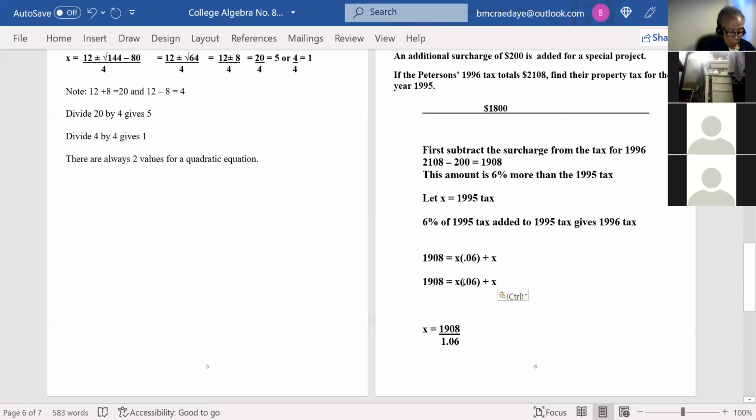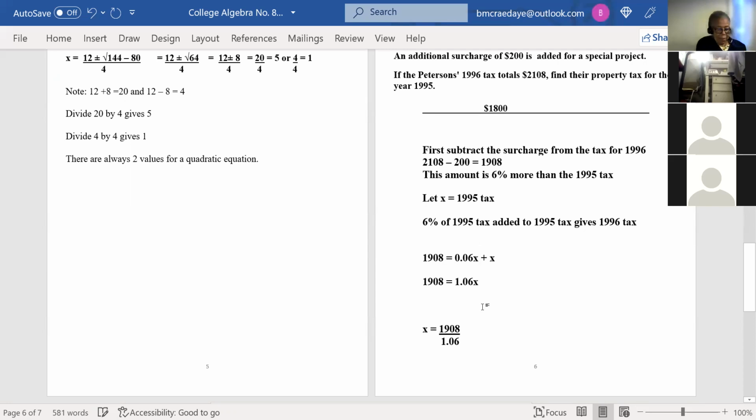This will give us 1.06x. Just add the coefficients. This is a 1, this is 0.06x. You can see it as the coefficient in front of the x. So 1 plus 0.06 gives you 1.06x.